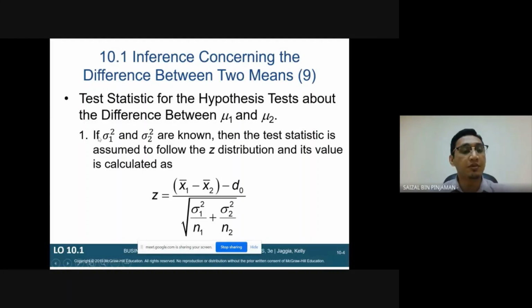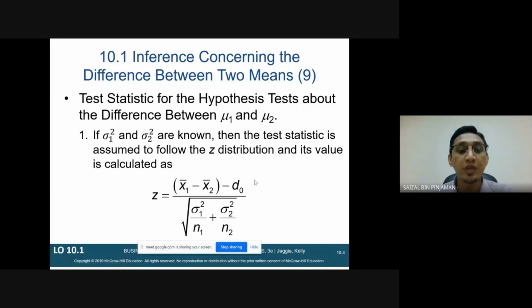Number one, if the variance or the standard deviation of the populations are both known, then the test statistic is assumed to follow the z distribution, and its value is calculated as z, that is equal to the mean that we obtain from sample 1 minus mean from sample 2 minus the hypothesized difference, divided by the square root of variance for population 1 divided by sample size 1 plus variance for population 2 divided by sample size 2.